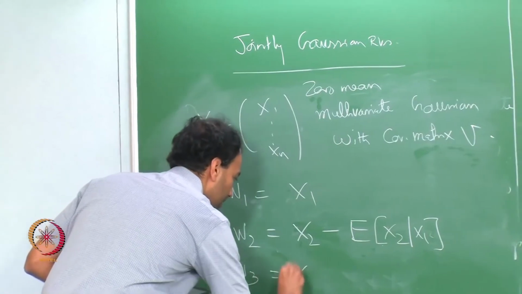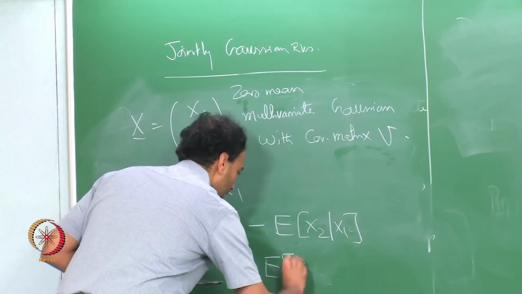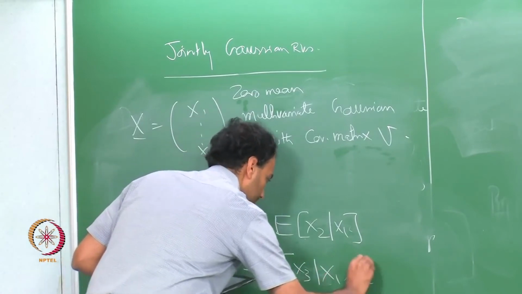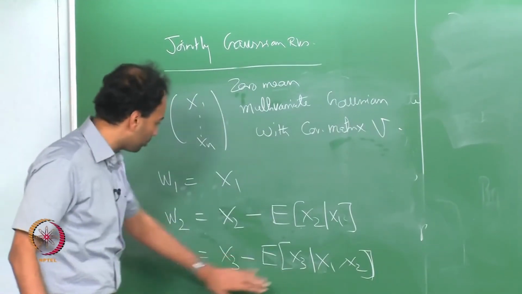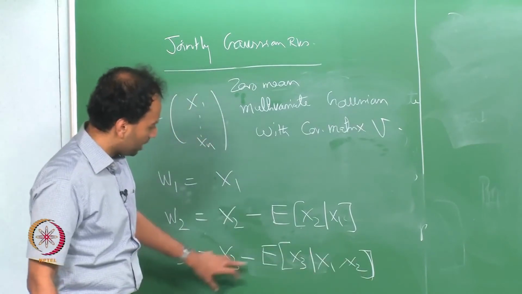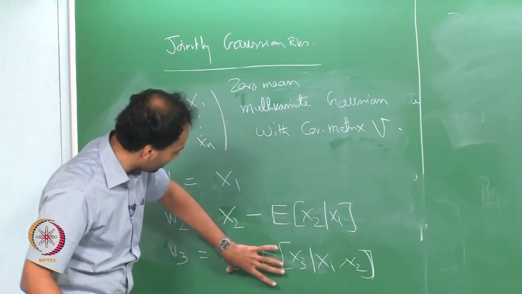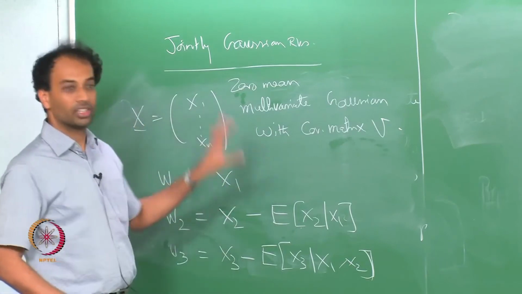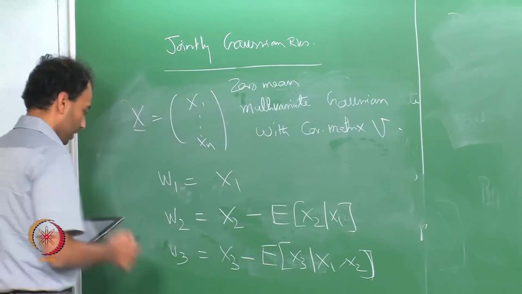W3 I can write as x3 minus the conditional expectation of x3 given x1 and x2. So, here again I am estimating x3 based on observing x1 and x2, and again this error will be orthogonal to the subspace spanned by x1 and x2, correct, and so on, right. I can keep doing this.